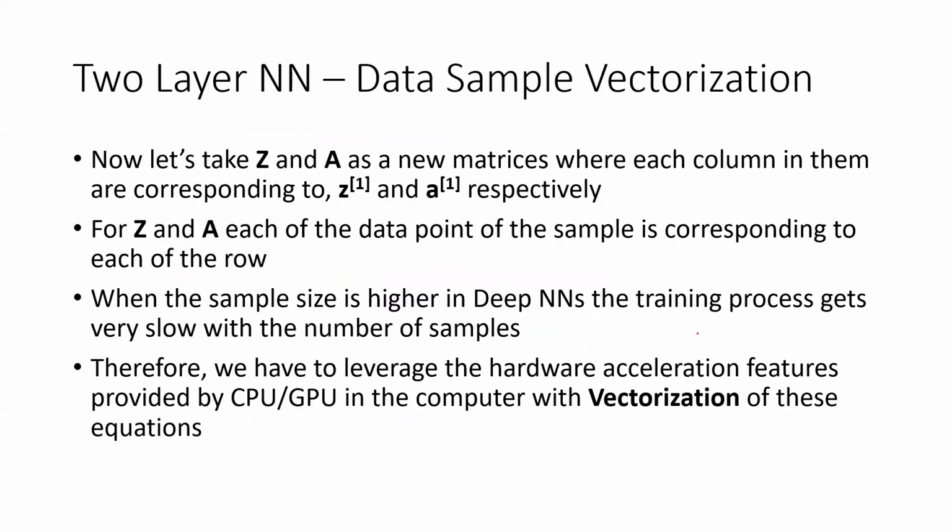Now we are going to expand these equations for multiple data points as well. So here we are going to define two new, much more generic forms of matrices known as Z and A, represented by capital Z and capital A.